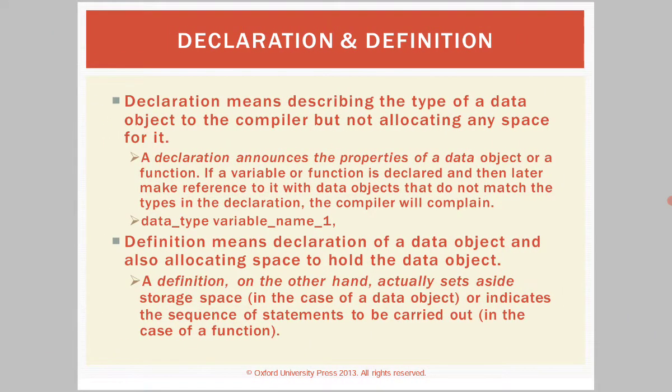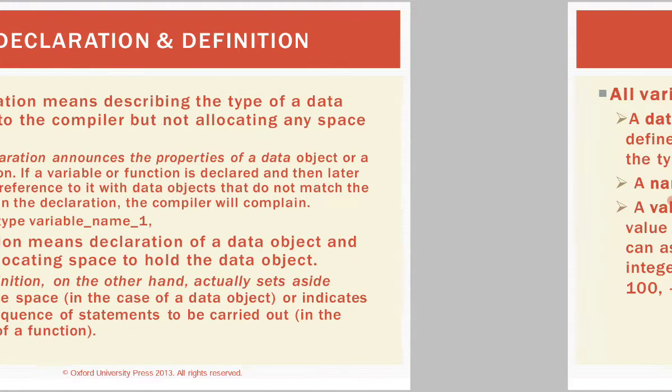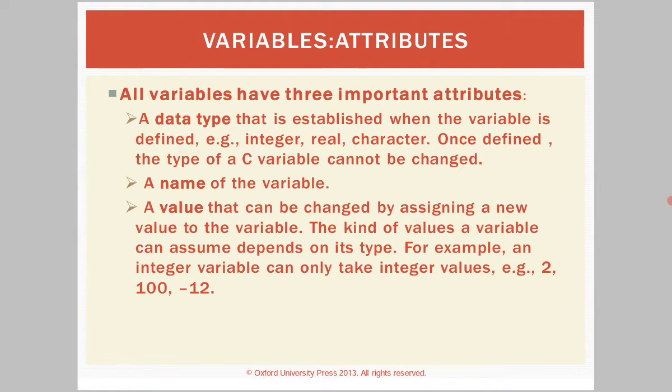So declaration and definition. How to declare variables? A variable is used to store different data items or data. Every variable used in a program has a specific predefined data type.